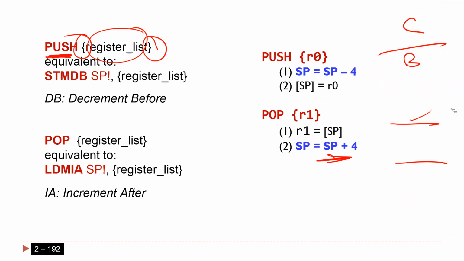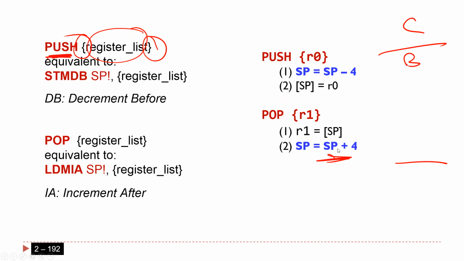So again, this is how you can copy with push and pop. Push is going to decrement by 4 in order to point at a new empty location, and then it's going to store R0 in this location. Pop is going to read the word from the location pointed by the stack pointer, and then add 4 to the stack pointer.